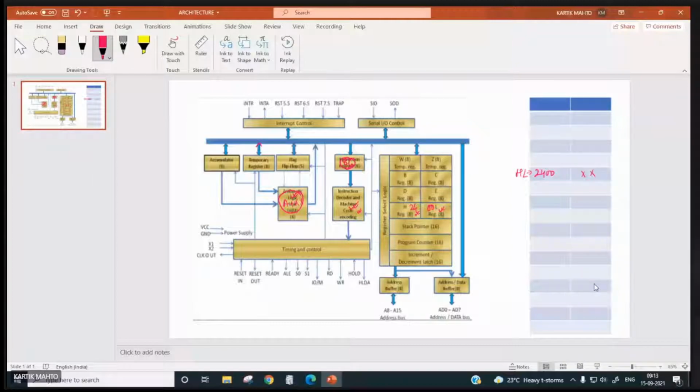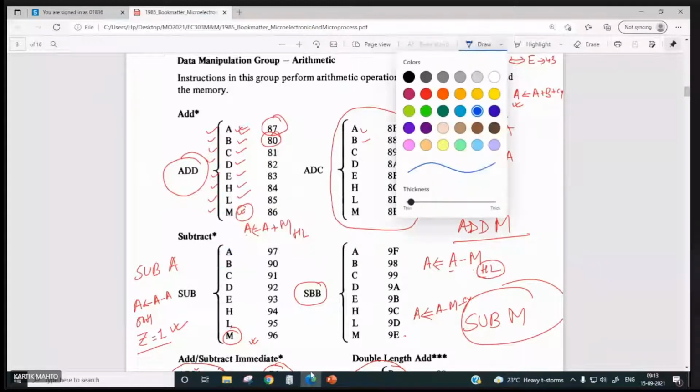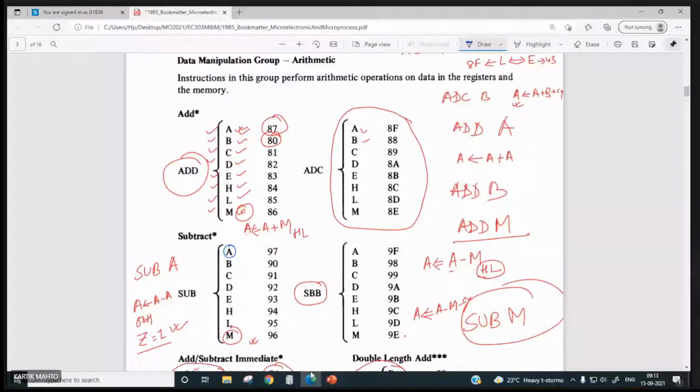Now the next instruction is SUB A. Let us decrease the thickness and make it blue. So suppose SUB A is the instruction. SUB A, its opcode is 97.